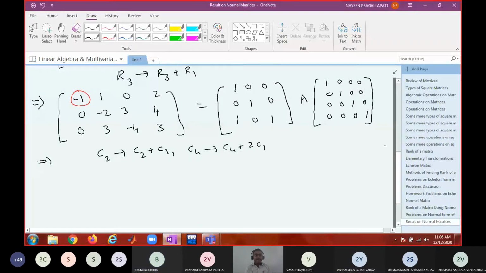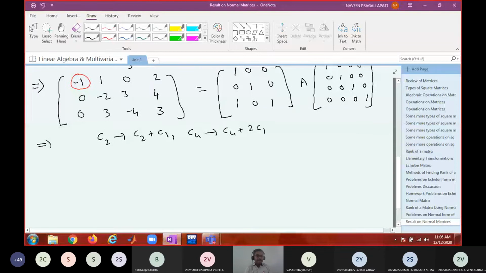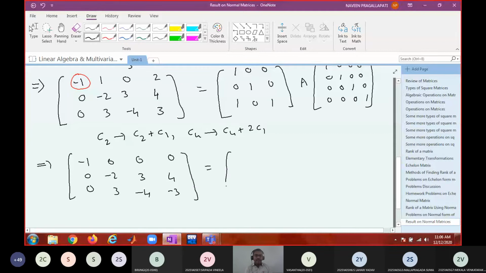So what will be the next equation? -1, 0, 0, 0; C2 plus C1: 0, -2, 3, 0, 3, -4; 2 plus 2 is 4, 2 minus 2 is 0, 4, 3. Now apply these operations to the post factor.